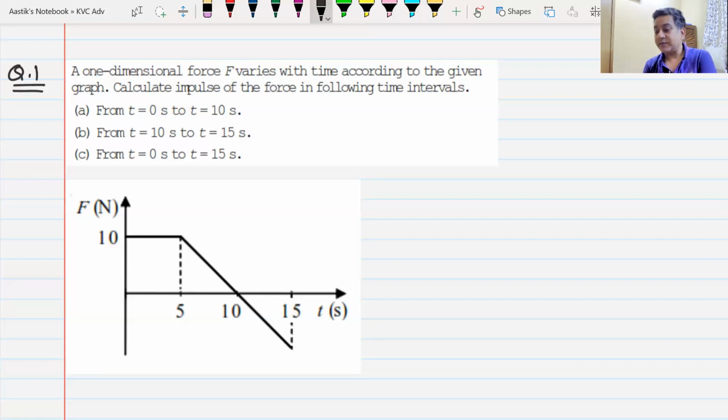What is the unit of impulse? Newton seconds, sir. Yes, that's correct. Now give the answer again. 75 newton seconds. First case, okay. 25 newton seconds. Third one is 15 newton seconds.